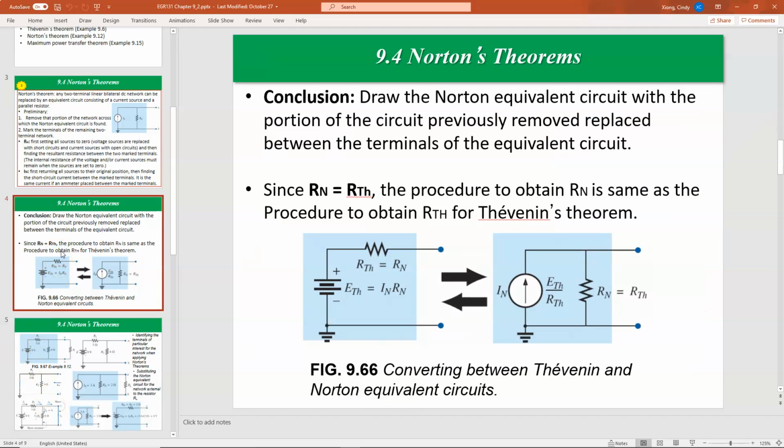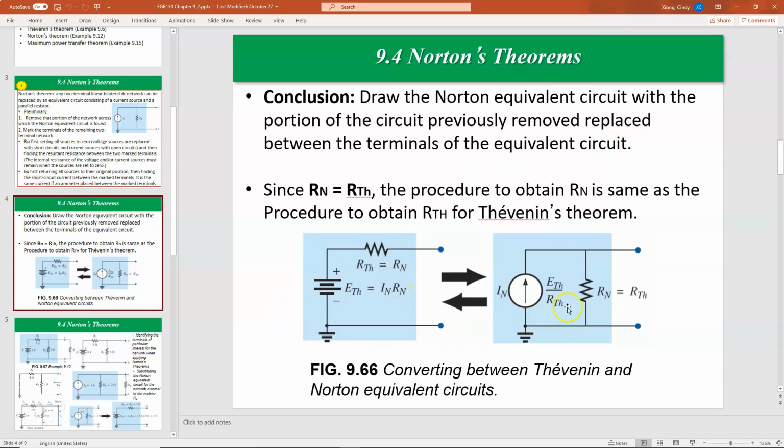The conclusion is that after we get In and Rn, we could put the removed portion, the RL part, back into the circuit, and we can draw the Norton equivalent circuit with the previously removed portion between the two terminals of the equivalent circuit.